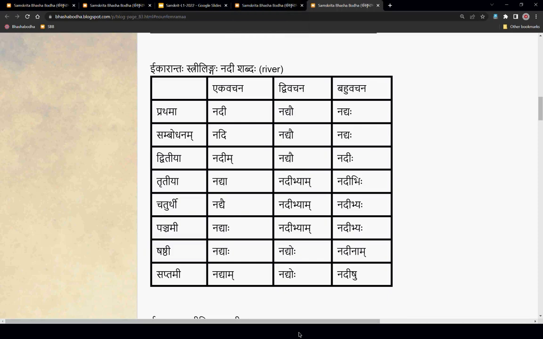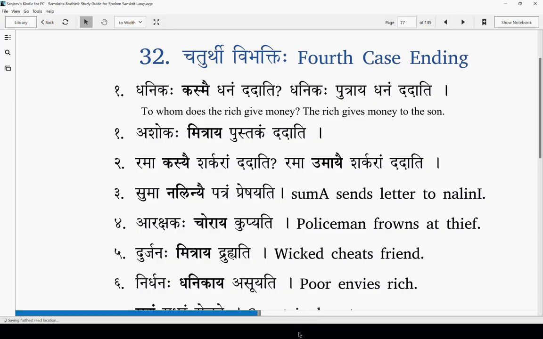So you can put that in the Chaturthi Bhakti form. Mostly when you are giving something, like Ashokaha Parvatyai pustakam dadati.